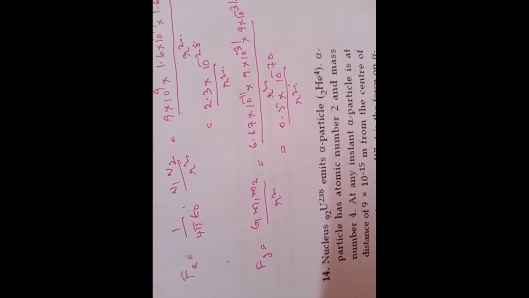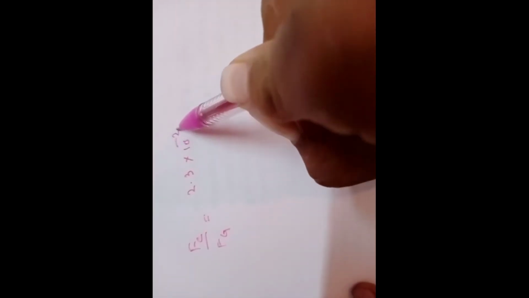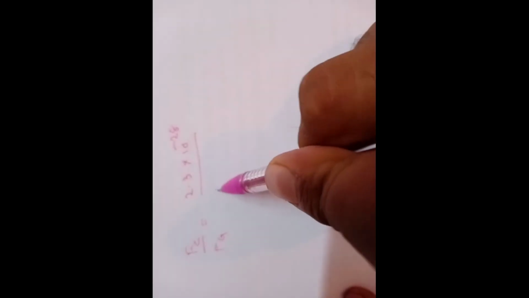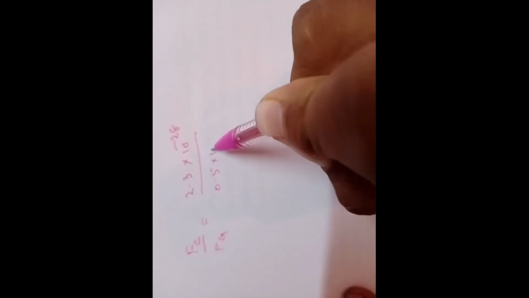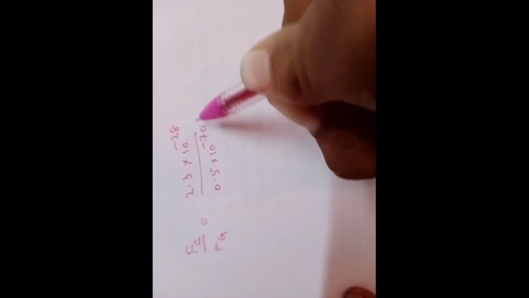If we calculate the ratio between the two, then what will happen? Fe by Fg is equal to 2.3 into 10 power minus 28 divided by 0.5 into 10 power minus 70.